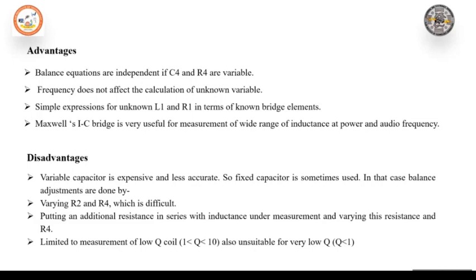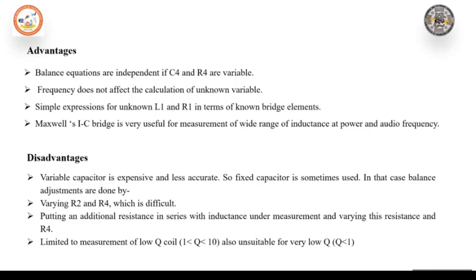This can be proved from the phase angle balance condition, which says that the sum of the angles of one pair of opposite arms must be equal. That is, theta 1 plus theta 4 should be equal to theta 2 plus theta 3. But theta 2 and theta 3 are 0, as the corresponding impedances are pure resistances. For high Q values, the angle theta 4 is almost 90 degrees.